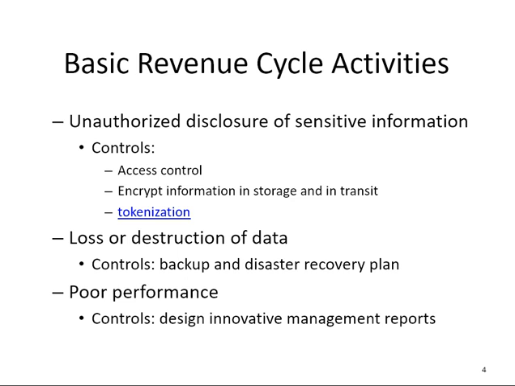And also we need to encrypt information in storage and information in transit. We talked about encryption in the previous lecture. But encryption can only keep information in storage and in transit safe, but not information in process.